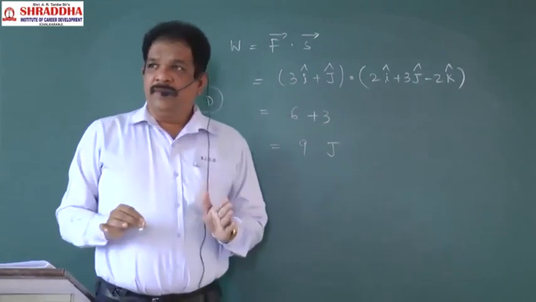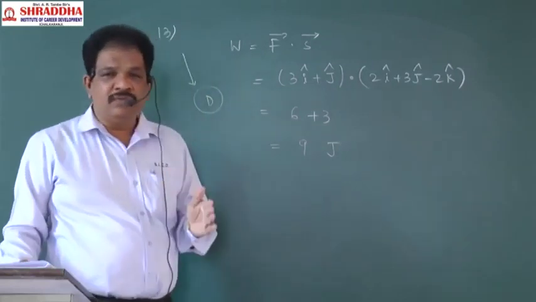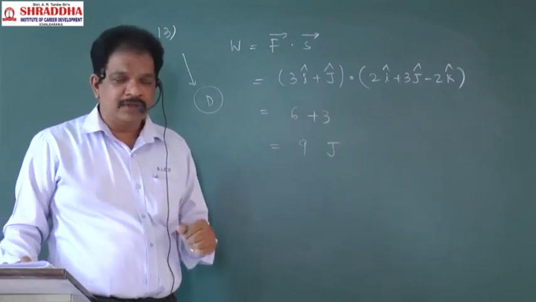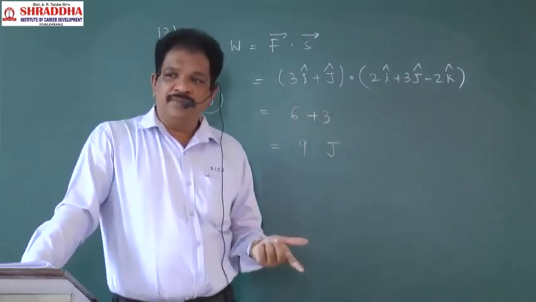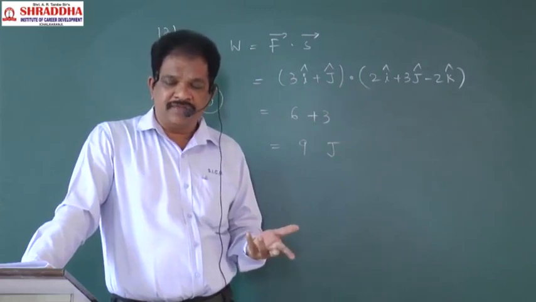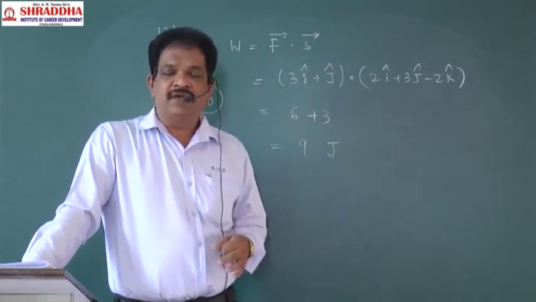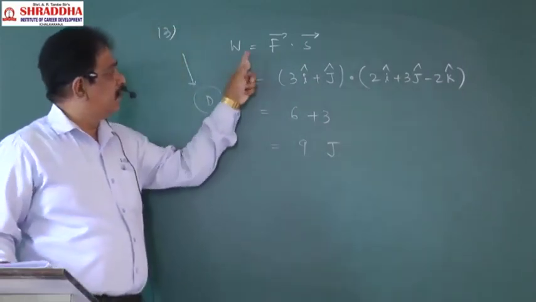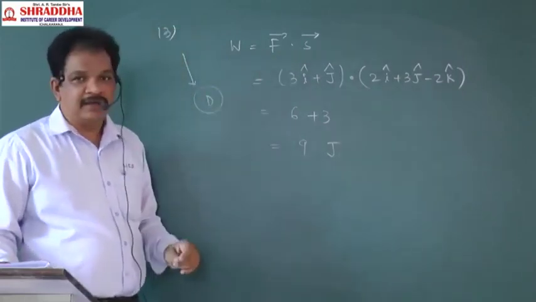Simple. By applying the force, we move the particle from one position to another position. We calculate the position vectors' difference, which is equal to displacement. F bar dot S bar is the formula for work done.